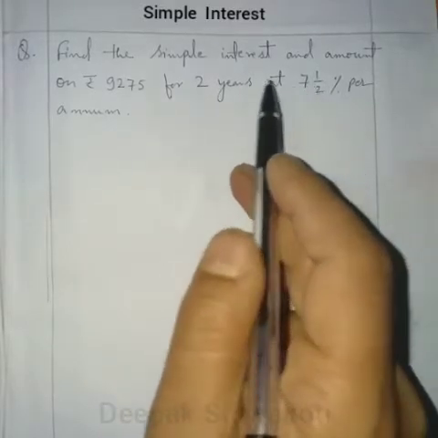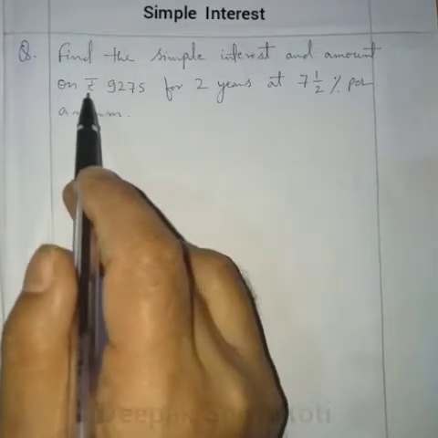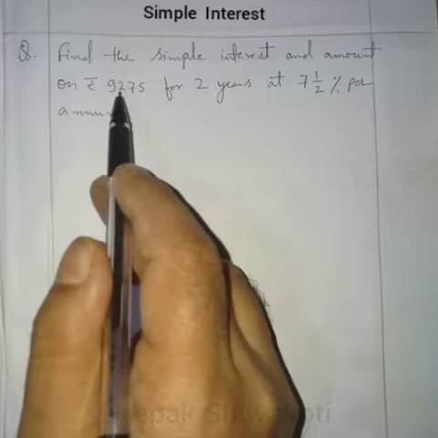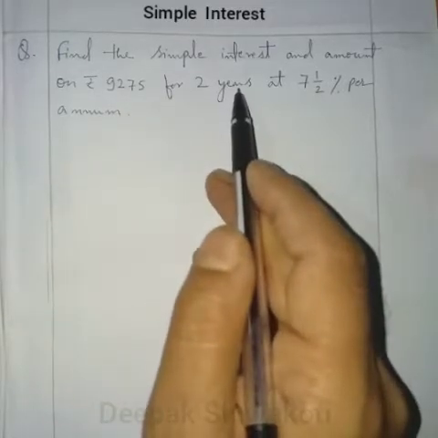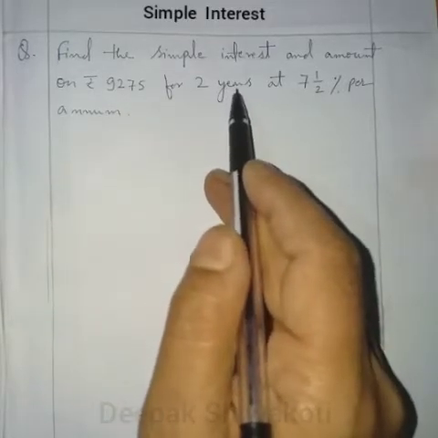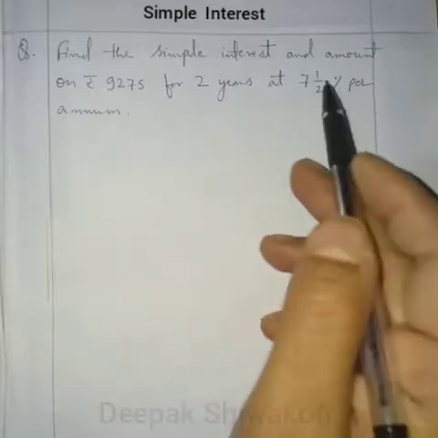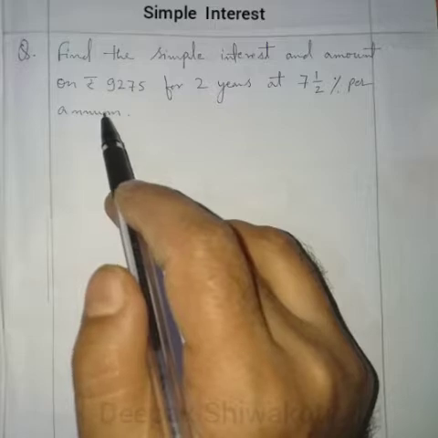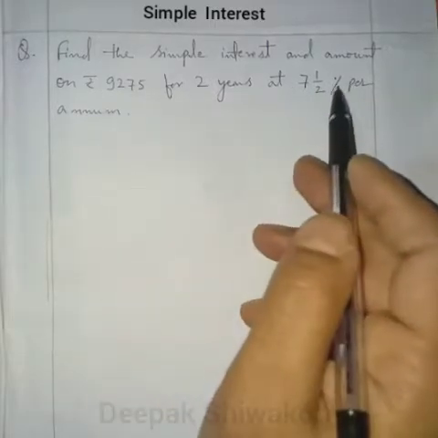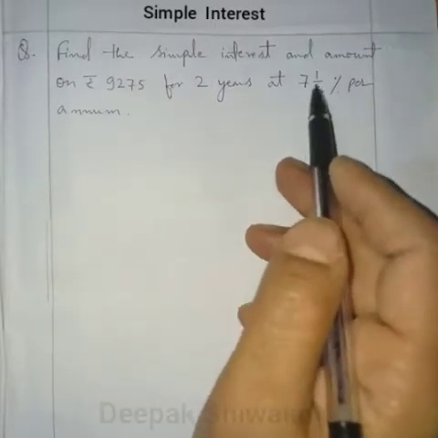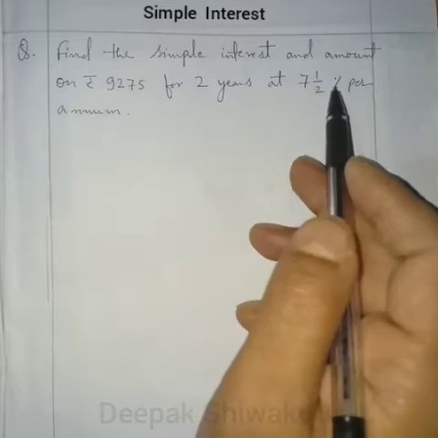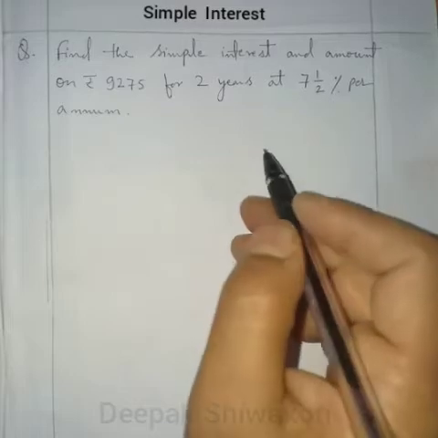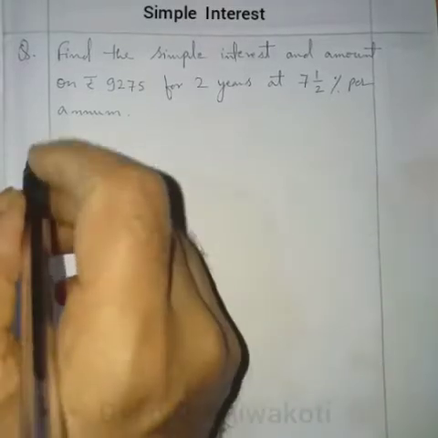Rupees is the principal, years means time, and per annum means per year. The percent symbol is also given, so 7 whole 1 by 2% per annum will be the rate. So let us find simple interest and the amount.